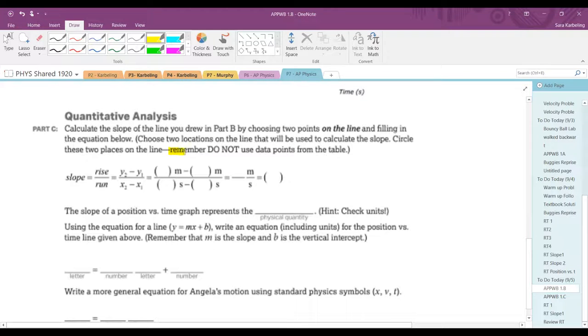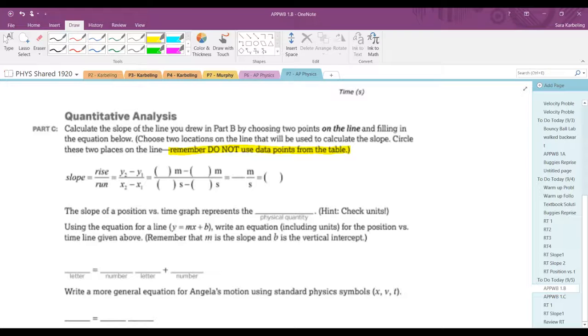And it says here, and I want to reiterate, do not use points from the data table in order to find the slope. And I know, because I've looked at the data, that it's not super easy to find non-data points that are on nice grid lines in this particular example.